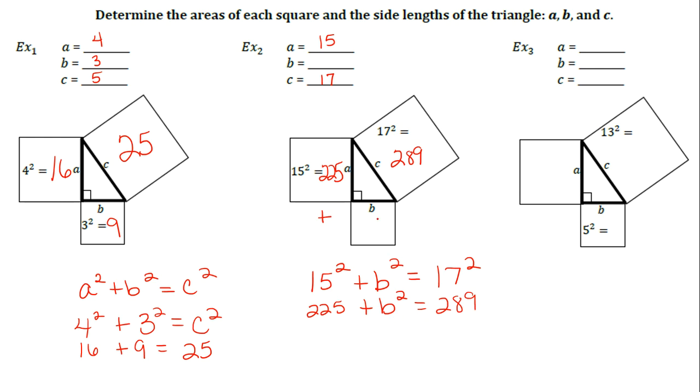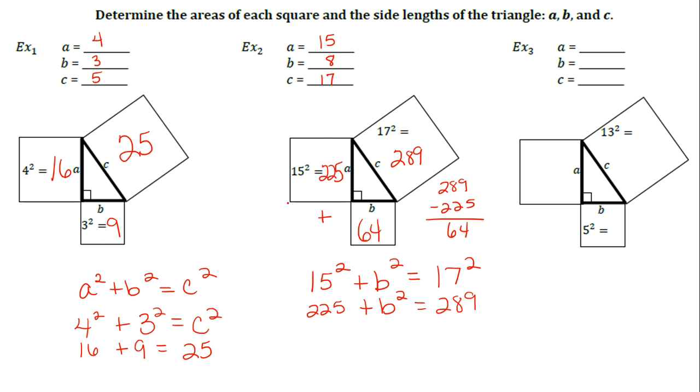Now to get this area, we subtract 225 from 289. That's going to give us 64. So this area is 64. 225 plus 64 is 289. To get the actual b value, we take the square root of 64, which gives us 8.